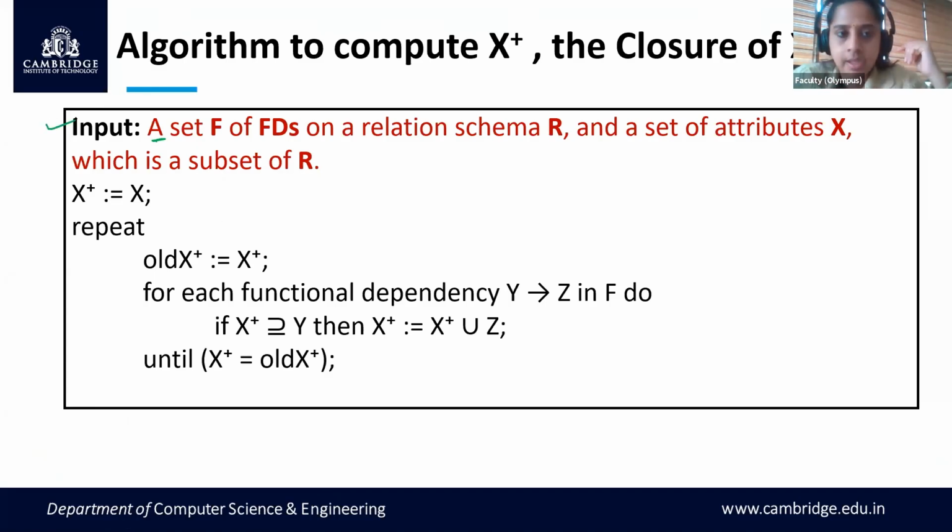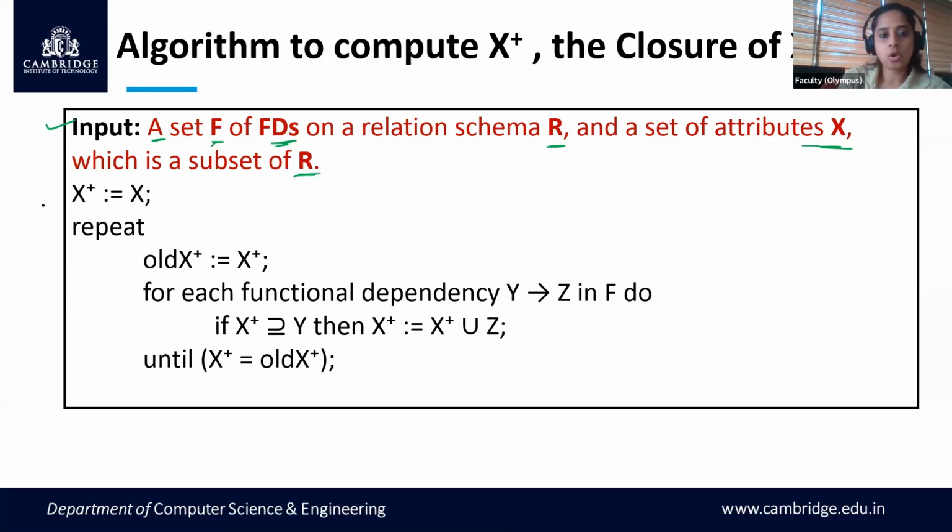What input is required for the algorithm? A set F of FDs on a relation schema. I need one relation, on that relation some FDs, and a set of attributes X, which is a subset of R.